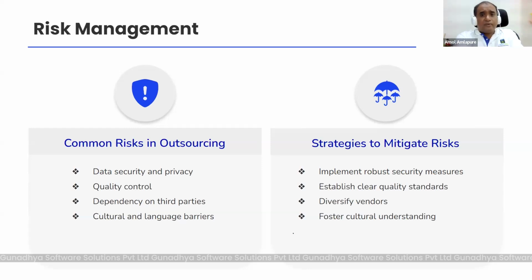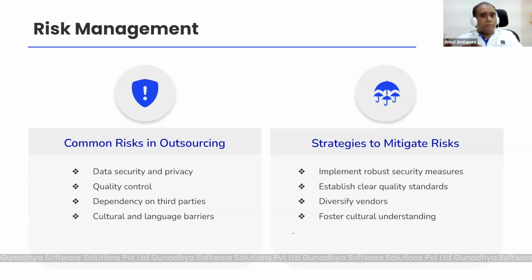Data security and privacy. This is again top rated, at least in the industry where data sensitivity is there, like banking or healthcare. Most of these data sensitive projects, this is a common risk there. Risk of sensitive information being compromised.